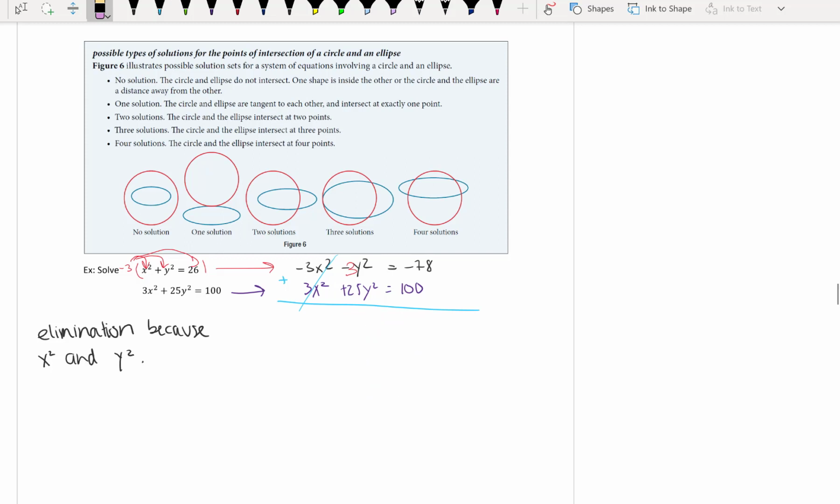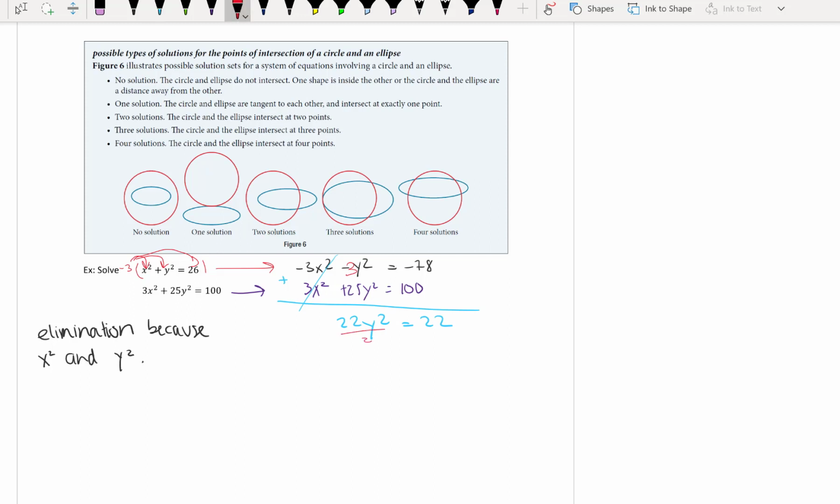But that's okay. At least I was able to write all of my process down, so it doesn't throw me off too much. So that was just my 22y squared and your positive 22. There we go. So I got lazy and I didn't draw my arrow, so it's a -3y squared. So -3 plus 25 is a positive 22.